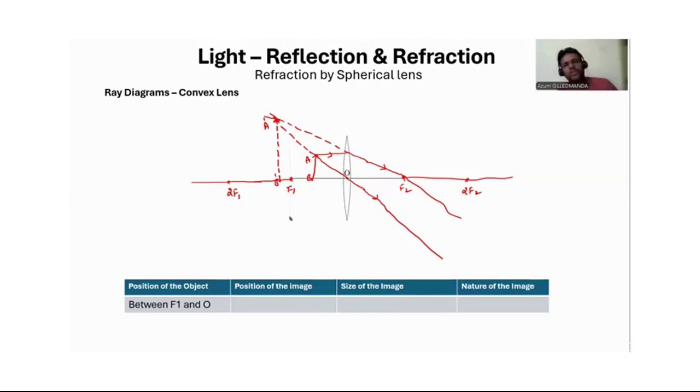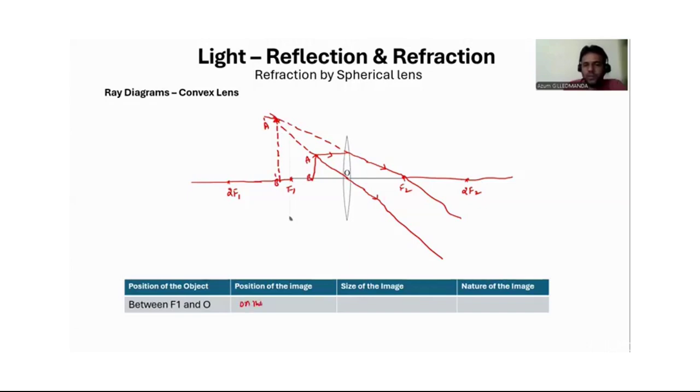So this is the only scenario where we will see a virtual image. What is the position of the image? The position of the image in this scenario is on the same side of the lens.